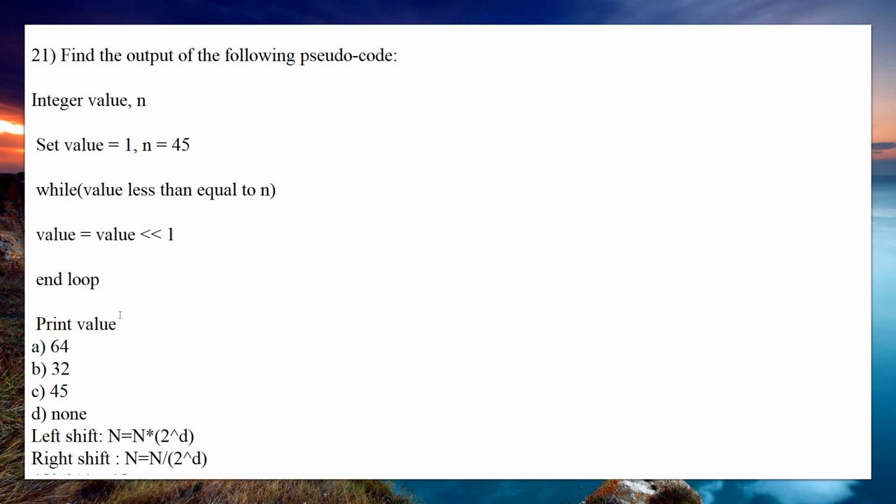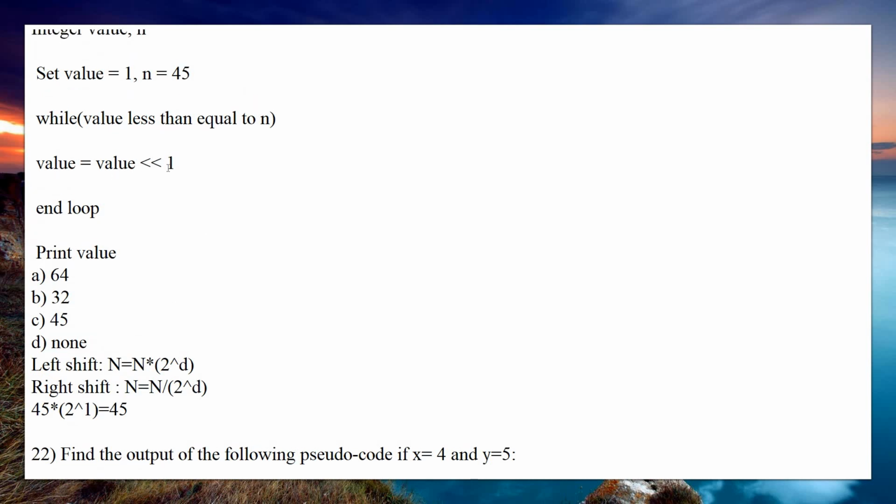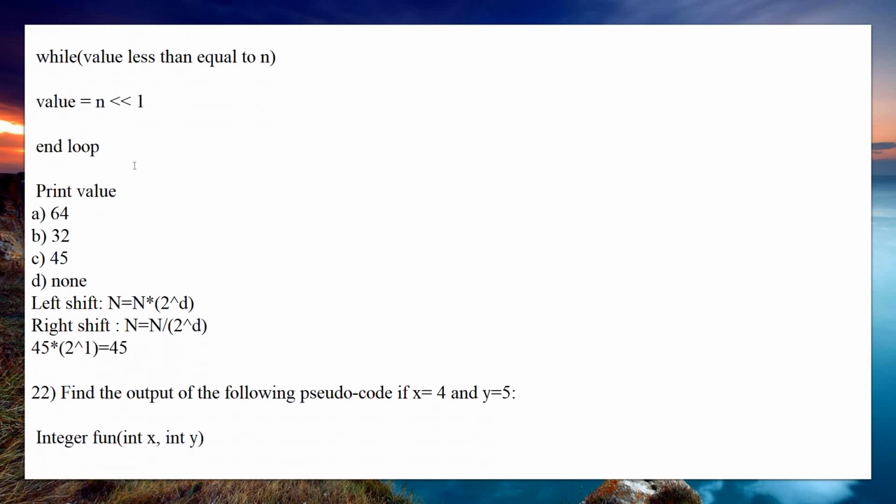It will be 90 because you are performing the left shift, and if it is on the right hand side it will be right shift. So here you are performing left shift, value is equal to value left shifted by 1. So this should be n left shifted by 1, not value. So 45 should be left shifted by 1.